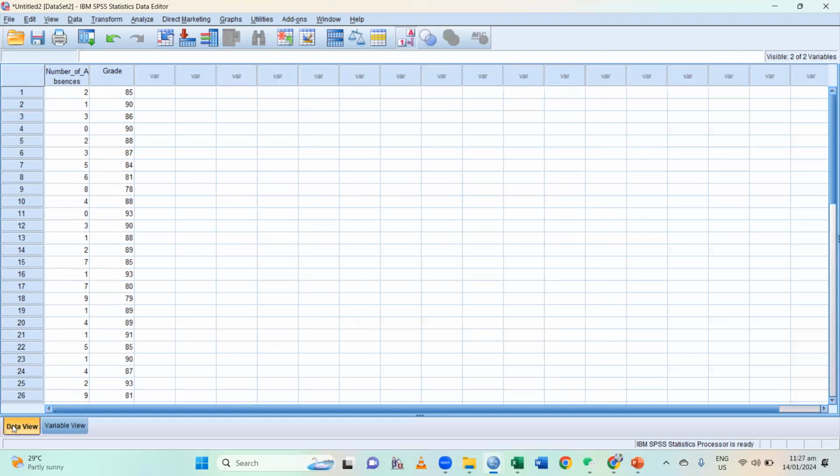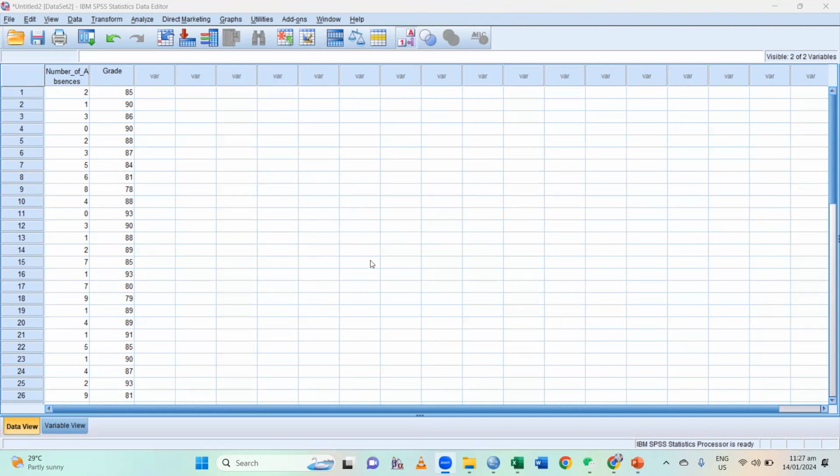So the thing is, how do we do simple linear regression in SPSS? Let's take note, before we proceed with simple linear regression, it is an important assumption to check if there is a significant relationship between number of absences and grade. So again, how do we ascertain if number of absences is related to grade?